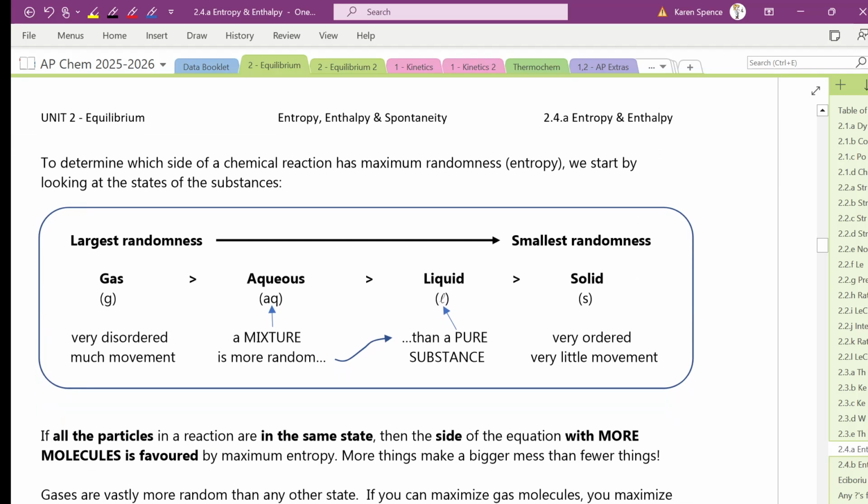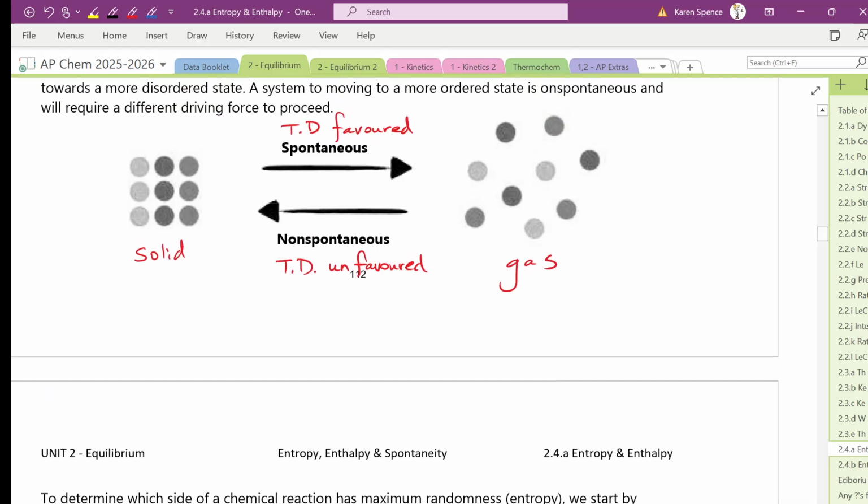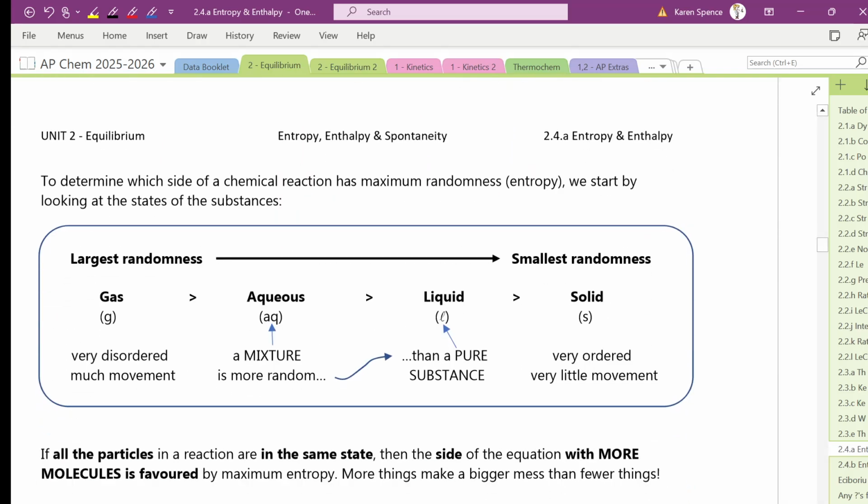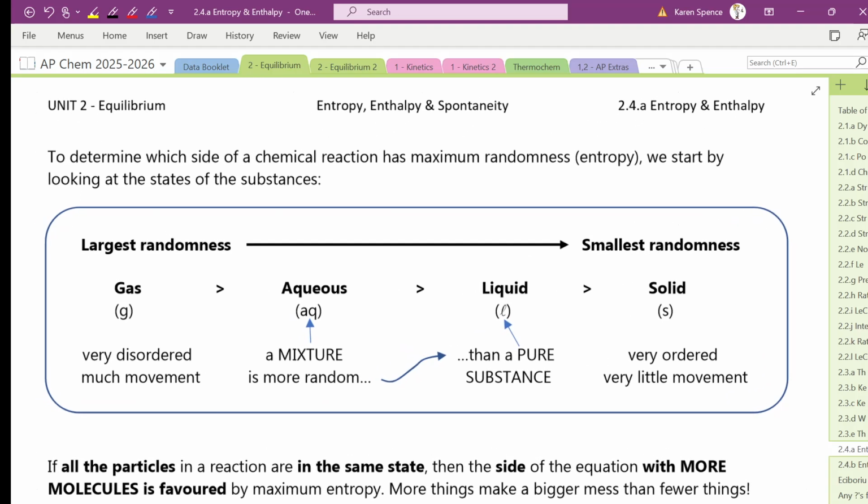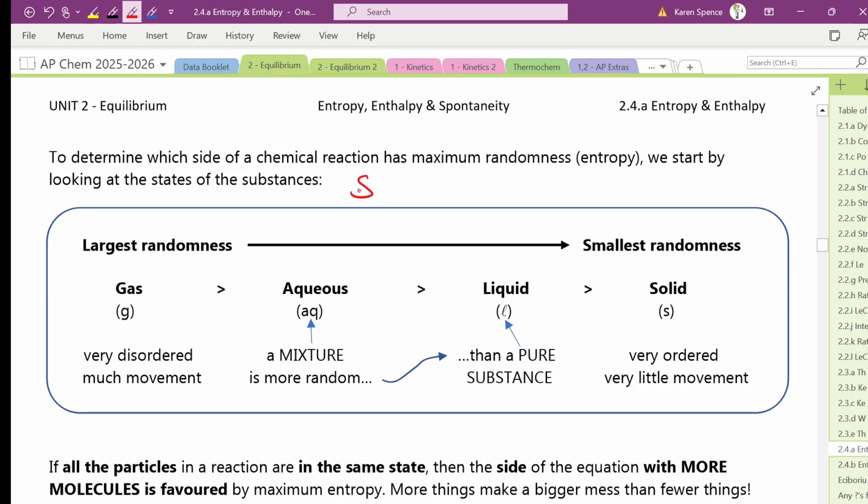So now, the easiest way to look at things, we're going to start with our gas, liquid, solid, our states. So we're looking at the entropy of different states of matter. Does it make sense to you that a gas is the most random? Yeah? Okay.